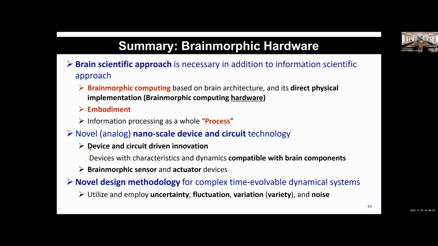This will lead to device- and circuit-driven innovation. And of course, sensors and actuators should be brainmorphic. To design this hardware, we need a novel design methodology for complex, time-evolvable dynamic systems, which actively use the uncertainty, fluctuation, variation, and noise to improve the performance.